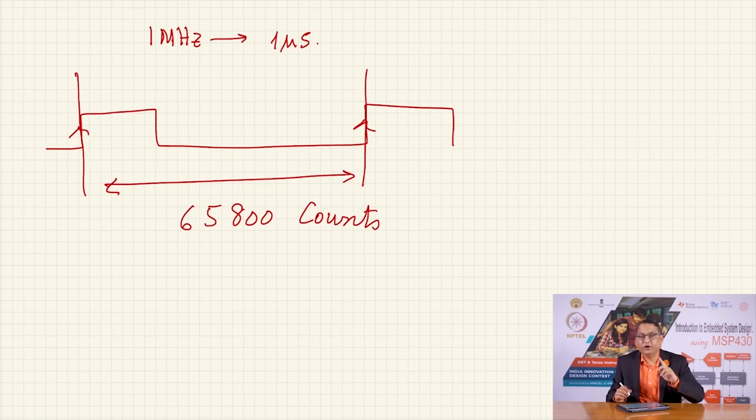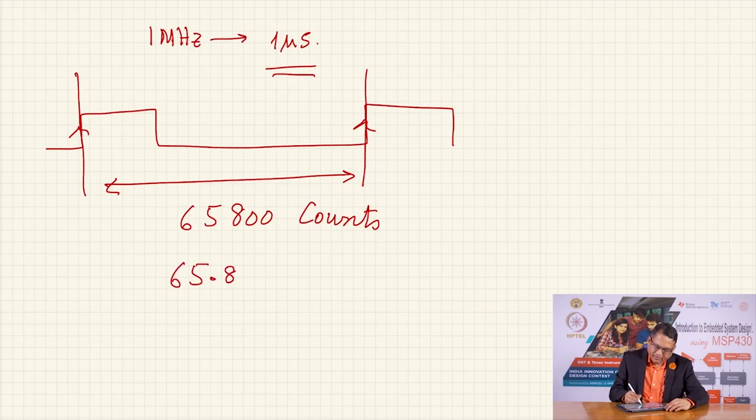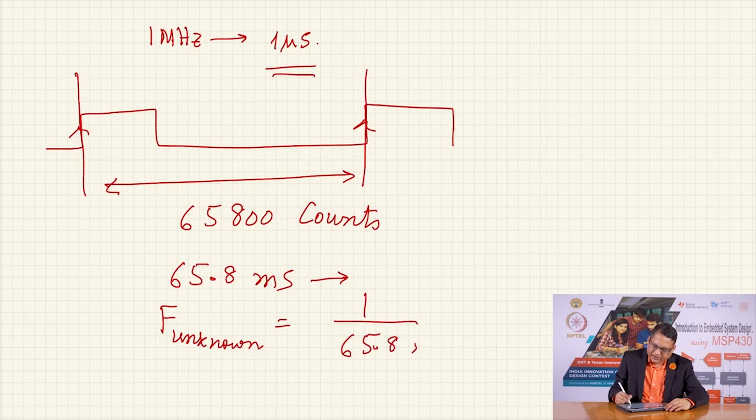Since I know the period of one clock signal of the reference is 1 microsecond, therefore, the total period is 65.8 milliseconds, and from here I can estimate the frequency. Therefore, the frequency of the unknown signal is equal to 1 upon 65.8 milliseconds.